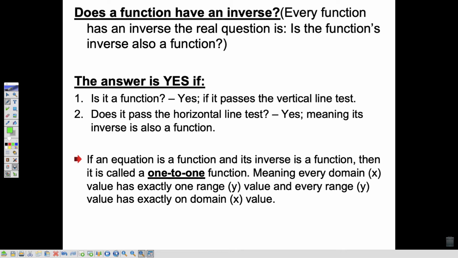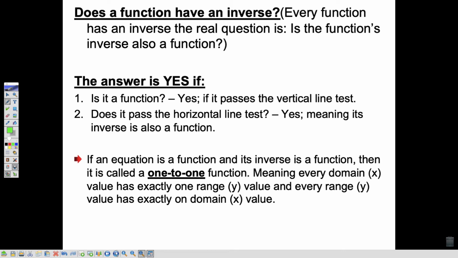The only exception is a rational function, a fraction, where anytime the denominator is 0 it'd be undefined. But the real question is, is its inverse also a function? The answer is yes if it is a function and passes the vertical line test. Does it pass the horizontal line test?